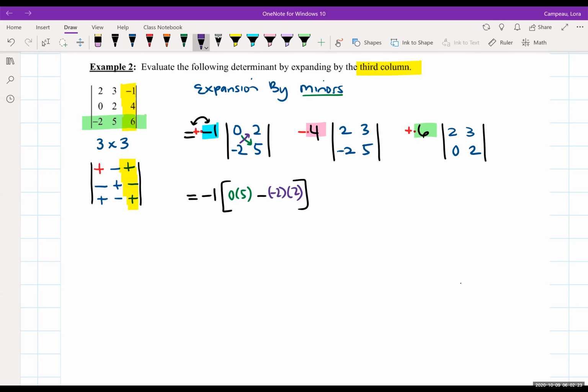Now, it could be helpful if you want to take care of this right away, just so that we're doing the math together. This is going to be 0 times 5 is 0. We're subtracting off a -4. So I'll write that in, just being really careful.